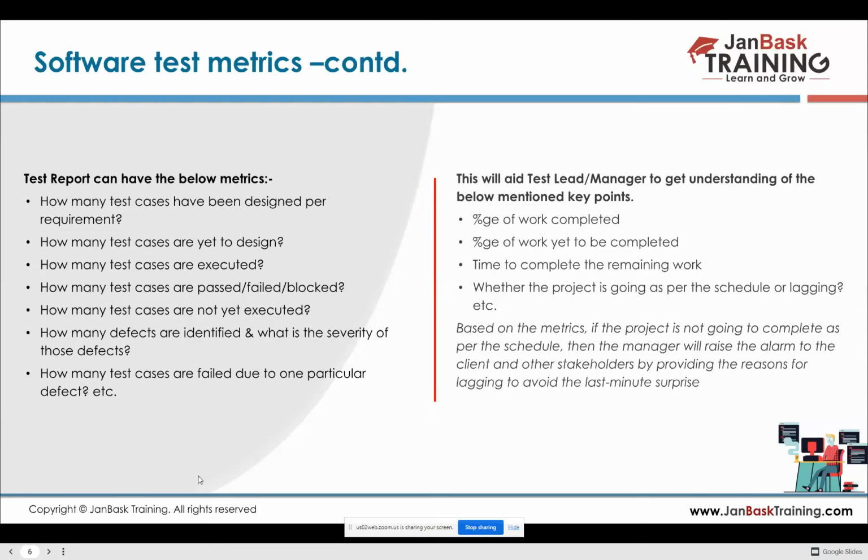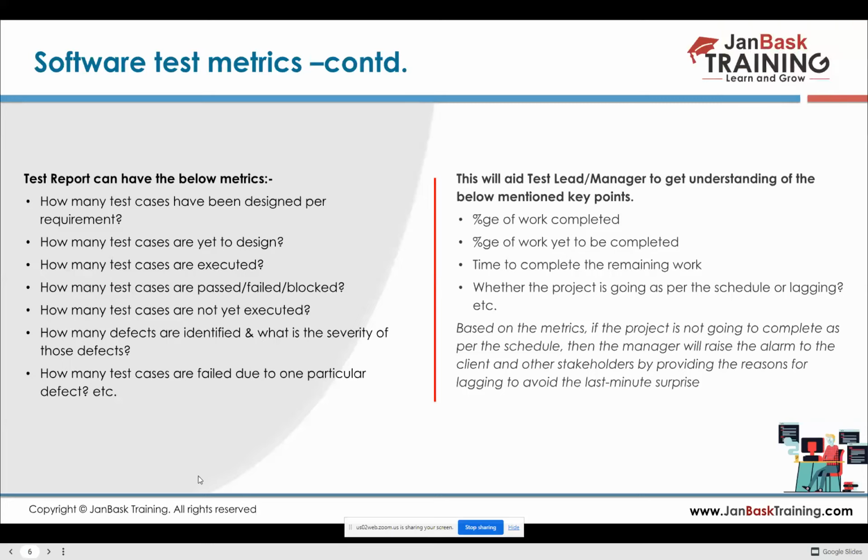And if you are getting this kind of blocker defect, it will be reflected in the test metrics, and the management will pressurize the development team to fix that kind of defect as soon as possible. So in this way, the test report can give you this kind of test metrics.